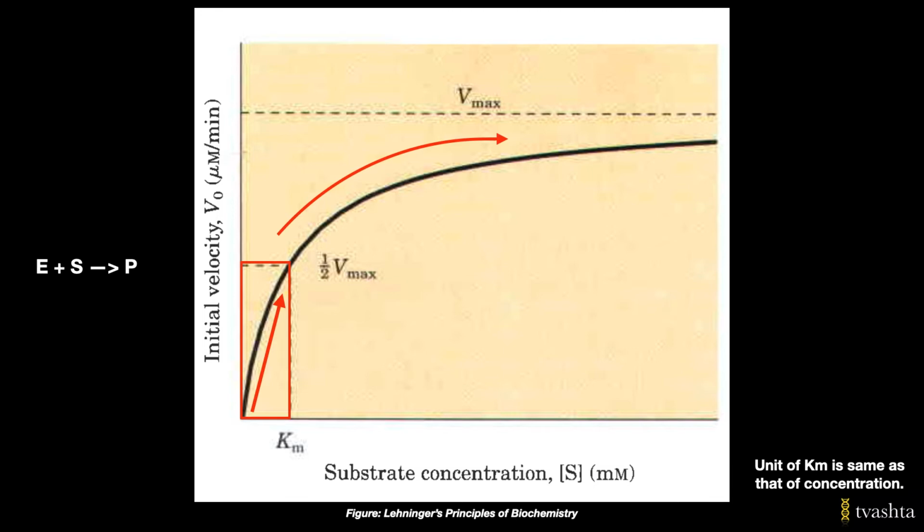And finally, the increase becomes so small that a flat plateau-like region is achieved where V naught is infinitely approaching Vmax, that is the maximum rate of the reaction.